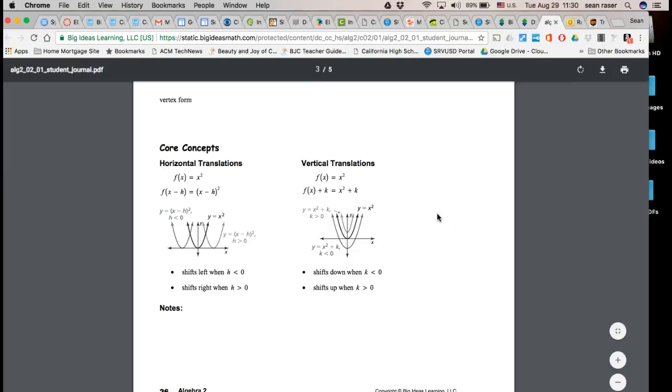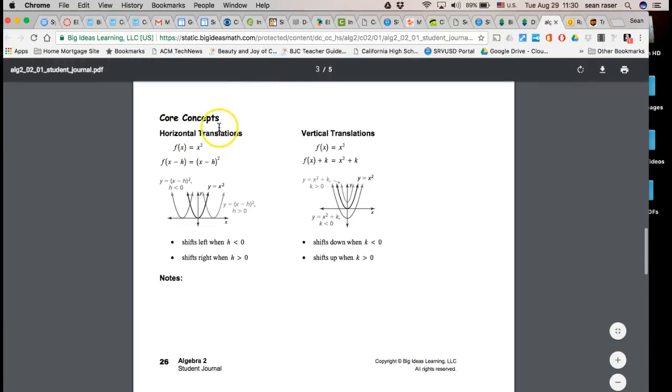So here, you're going to see that for translations, which remember, that's shifting our function left and right or up and down, so horizontal and vertical translations, the way that those are made is by adding or subtracting from either your input or your entire function.